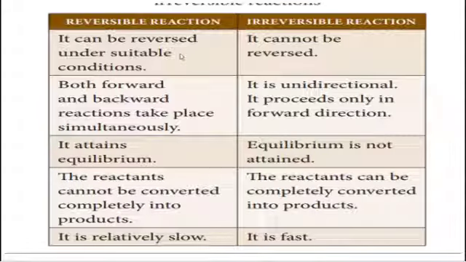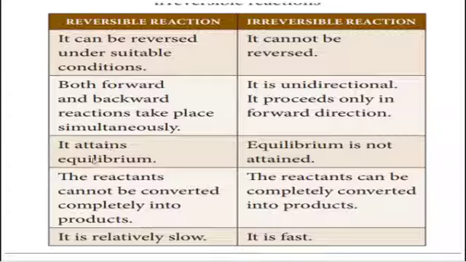The important points: a reversible reaction can be reversed, an irreversible reaction cannot be reversed. In a reversible reaction, both forward and backward reactions take place simultaneously; an irreversible reaction is unidirectional only.